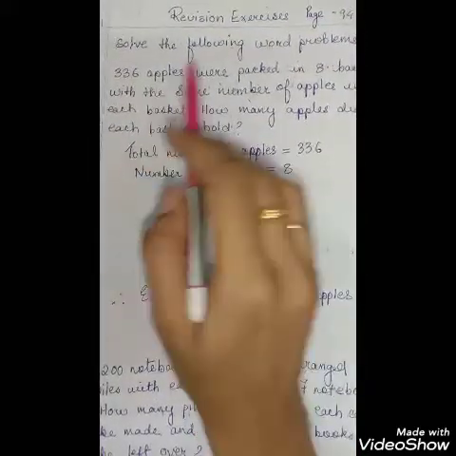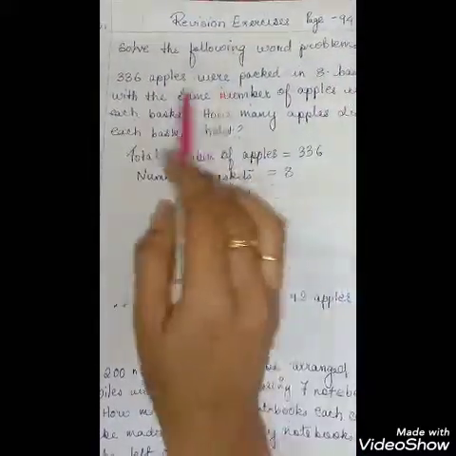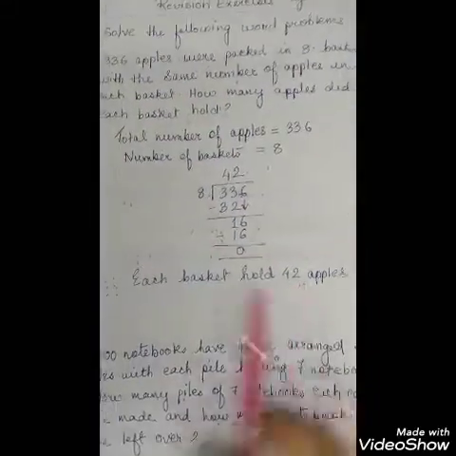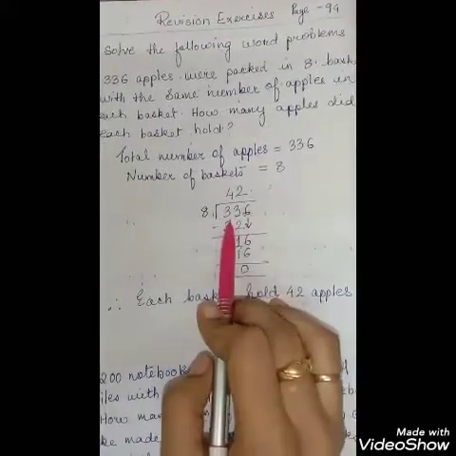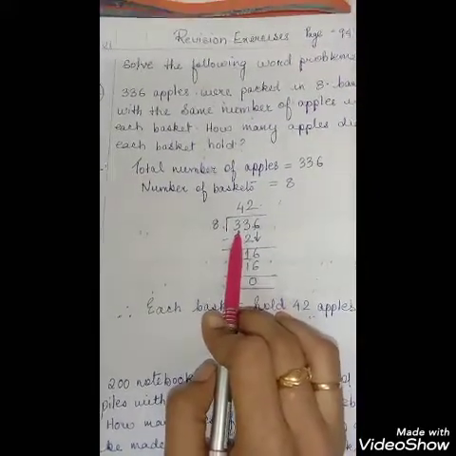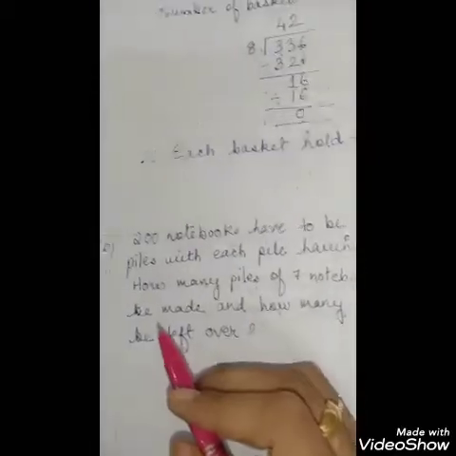That means in one basket 42 apples are there, and in all 8 baskets, 336 apples are there. Okay children? Clear? Now let us start part B.